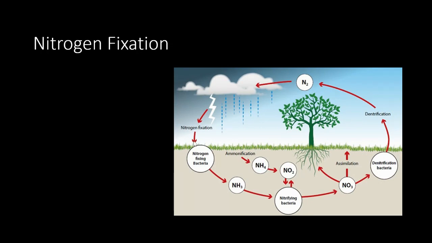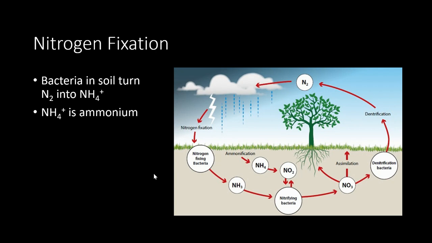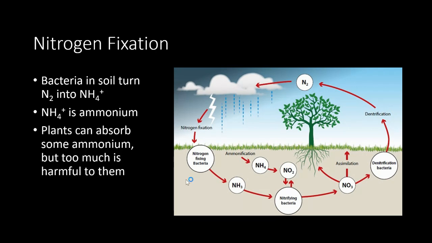It's called nitrogen fixation, and it's right here in the soil. There are bacteria in the soil that can turn nitrogen gas into a more usable form called ammonium. So, ammonium, plants can take in a little bit of ammonium, but too much is harmful for them.